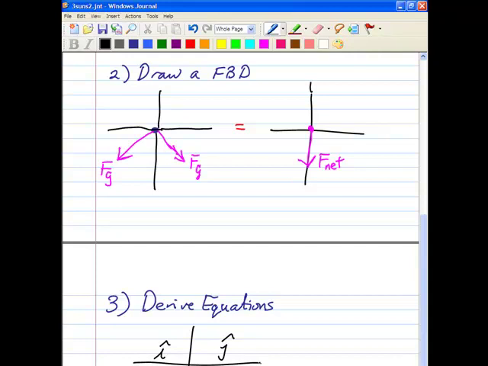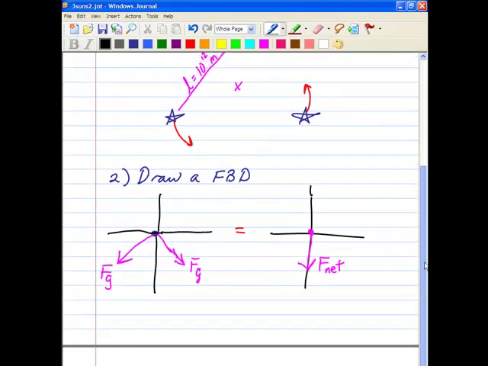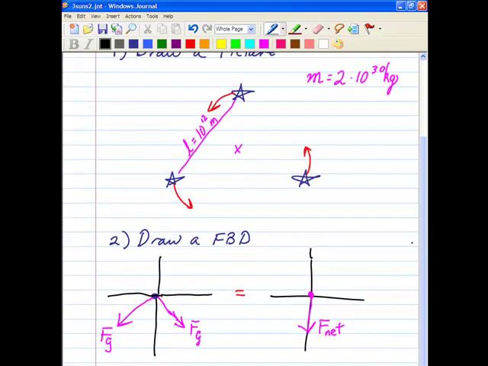In the i hat direction, we've got G M over r squared. We have to be a little bit careful. Let's go back up and look at our drawing. The r we want is not the length given, but rather this is the r we want.